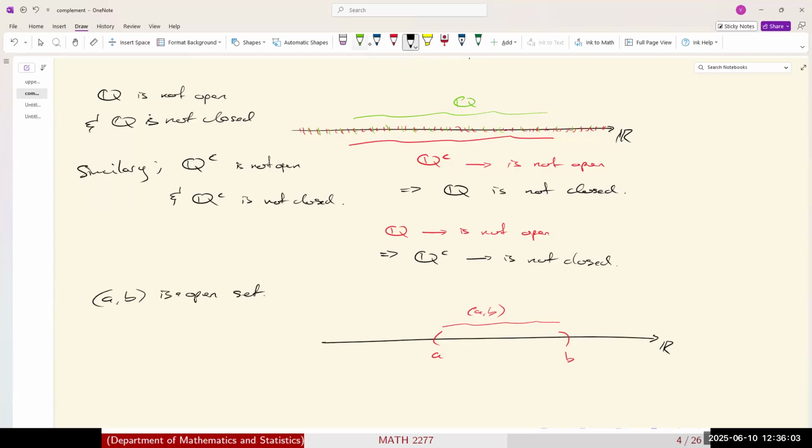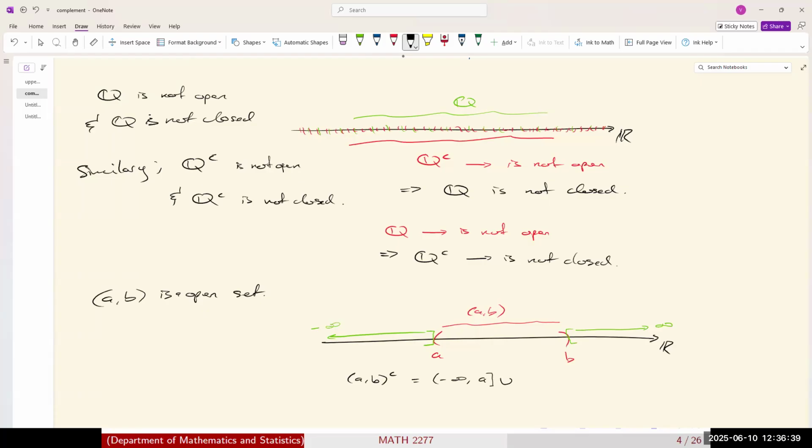So what do I do? I look at the complement of it. Now the complement is everything outside of the set. So from the diagram, that is minus infinity up to a, but I include a, union.